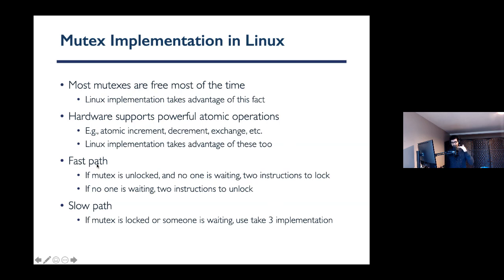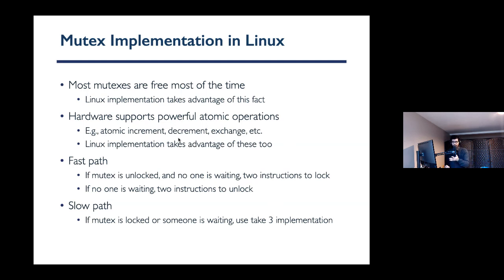So it has a fast path and a slow path. With the fast path, it very quickly checks if the mutex is unlocked by using an atomic increment or decrement to check if the mutex is free or not. If it is free, then in 2 instructions, it locks the mutex.